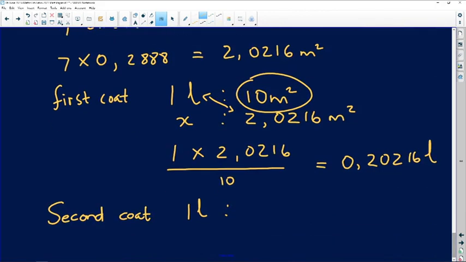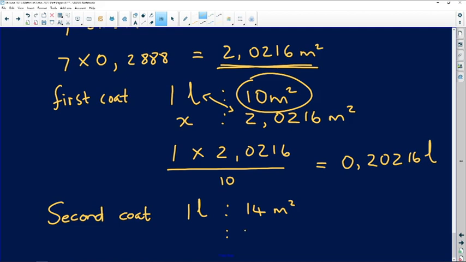And remember, this guy is doing 3 coats. So for the second coat, whatever number I get, I need to multiply by 2 because he's doing 3 coats of it. Again, I'm still painting the same 7.